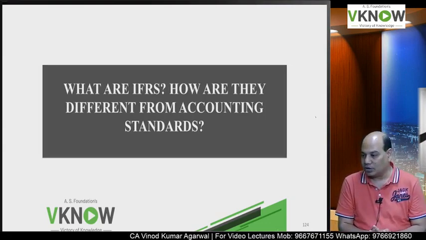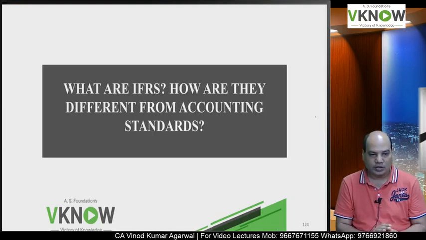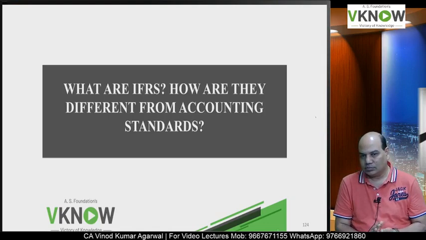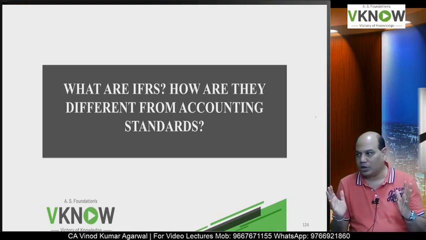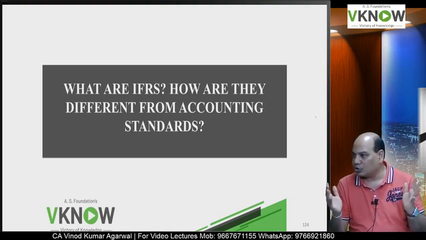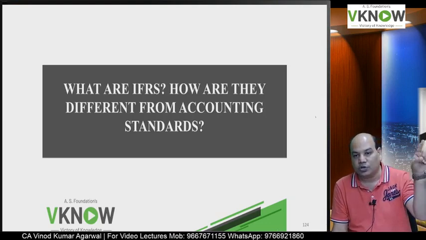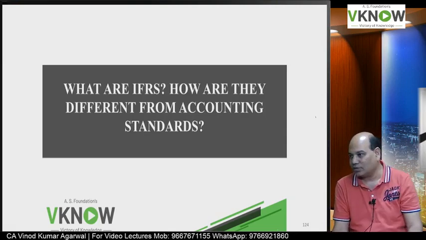How IFRS is different from accounting standards. Not a part of syllabus. The question was why we have converged to IFRS. What is the extra thing we are getting in IFRS which was not there in our accounting standard?